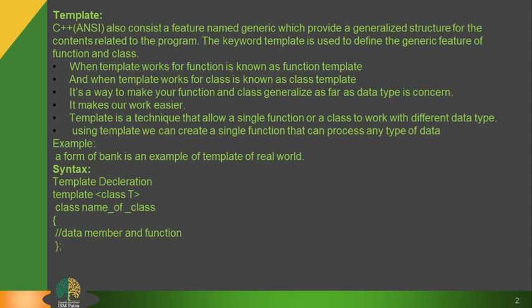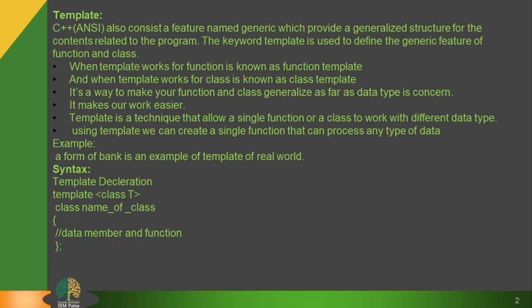Template allows us to use the data type at runtime, or we can say we can put the value of the variable directly without separate declarations of those data types. That's why template provides us the basic feature where we can ignore multiple declarations of variables with data types.